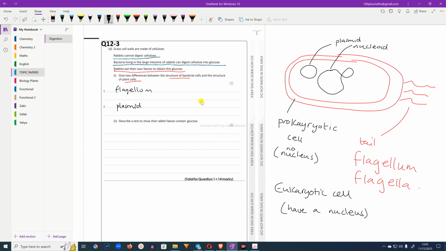Right, describe a test for glucose. Okay, so what did we say? Add Benedict's solution, heat in a water bath, and once you've done that, it will turn brick red.